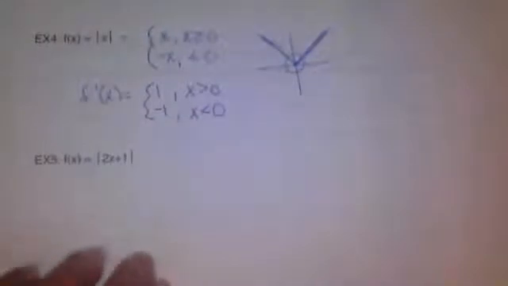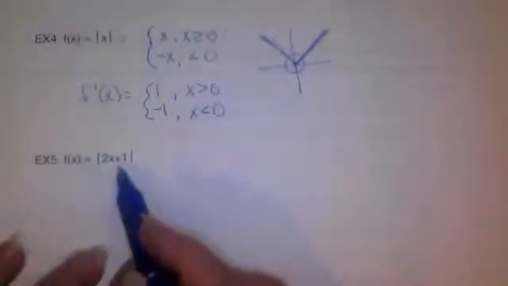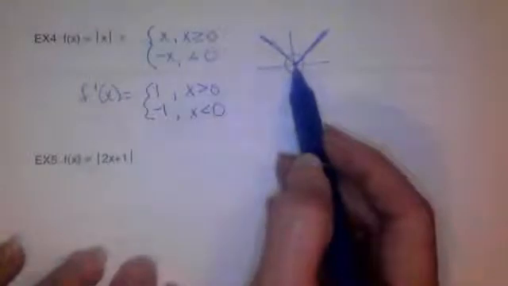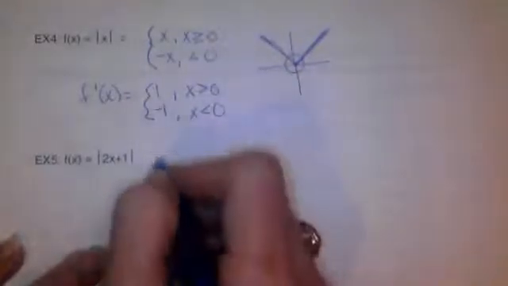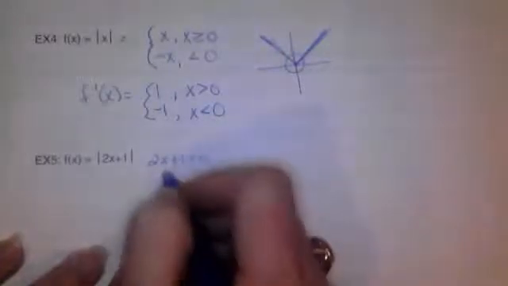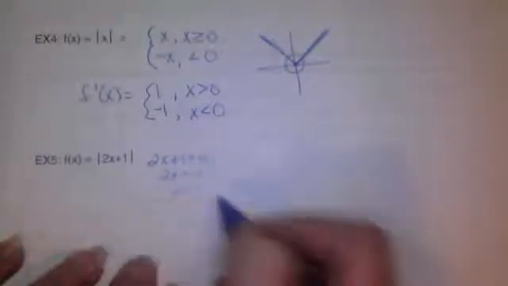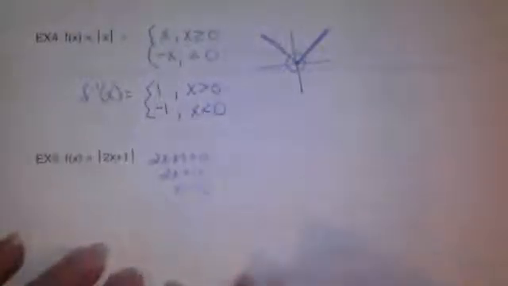All right, and this last one is going to be the same thing. It's just that this time the graph has been shifted a little bit. So to know where it's been shifted so that we know where the vertex is, we just need to set what's inside the absolute value bars equal to 0. So 2x plus 1 equals 0, 2x equals negative 1, x is negative 1/2. So negative 1/2 is where the vertex is located.